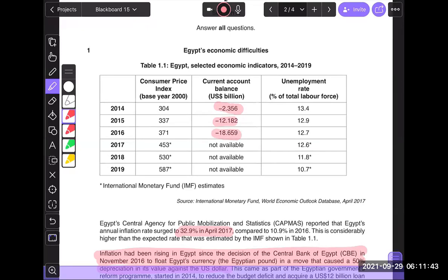So we can say in this case, guys, that the deficit is increasing. You need to first identify the fact that there is a deficit because the number is negative in current account balance, and secondly, that the number is increasing. So that's what we can say, that the deficit is increasing, or the deficit is worsening can also be said in this case. Make sense? Are we good?